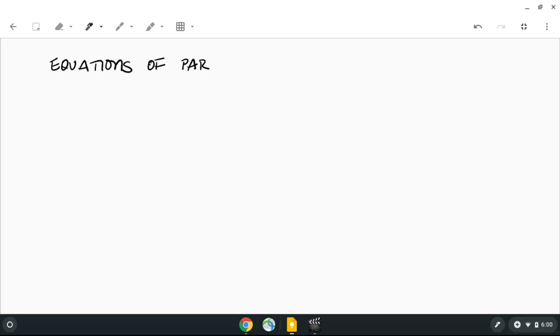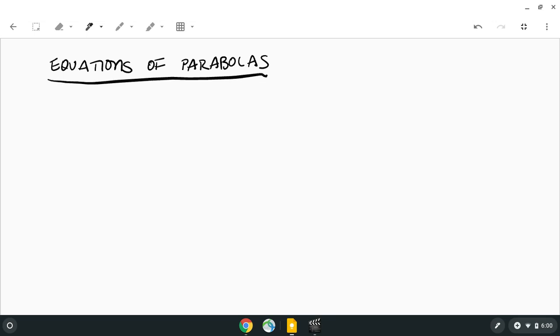So let's take a look at the equations of the parabola. We're going to look at a different way of writing it. In this particular section, we're going to be looking at the equation where it's written so that the square term is by itself, solved for the square.